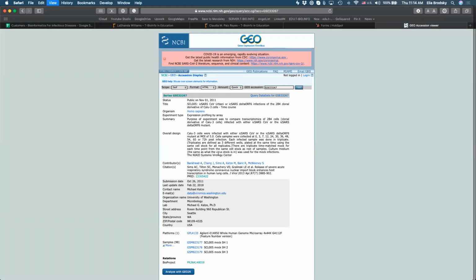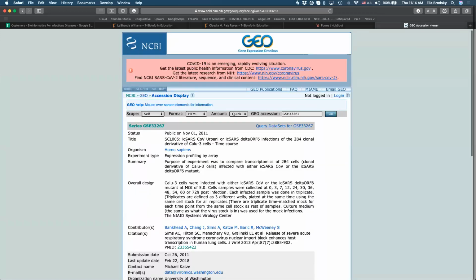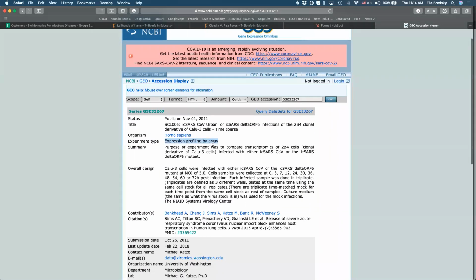Okay, so here you can see that, again, it's important to remember what this is, and how it was generated. This was expression profiling by array. What did they do here? SARS-CoV Urbani or SARS Delta ORF6 infections of Calu3 cells, time course, right?